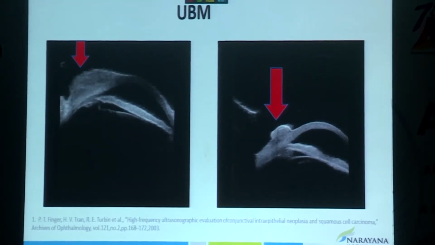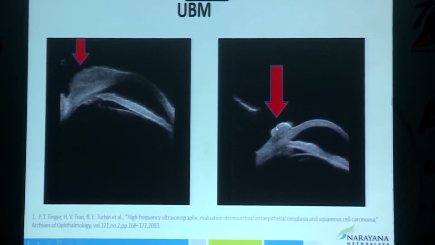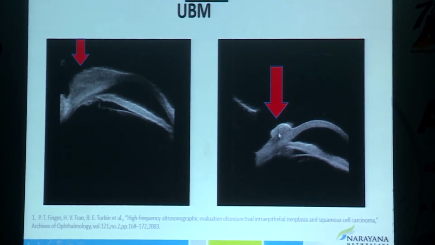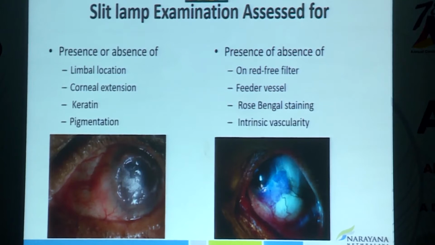The known features of OSSN on ultrasound biomicroscopy are fusiform thickening and hyperechogenicity with internal hypoechogenicity. The slit lamp examination is assessed for the presence or absence of limbal location, corneal extension, keratin, or pigmentation. The red-free filter examination is done to assess for feeder vessels, rose Bengal staining, or presence of intrinsic vascularity.